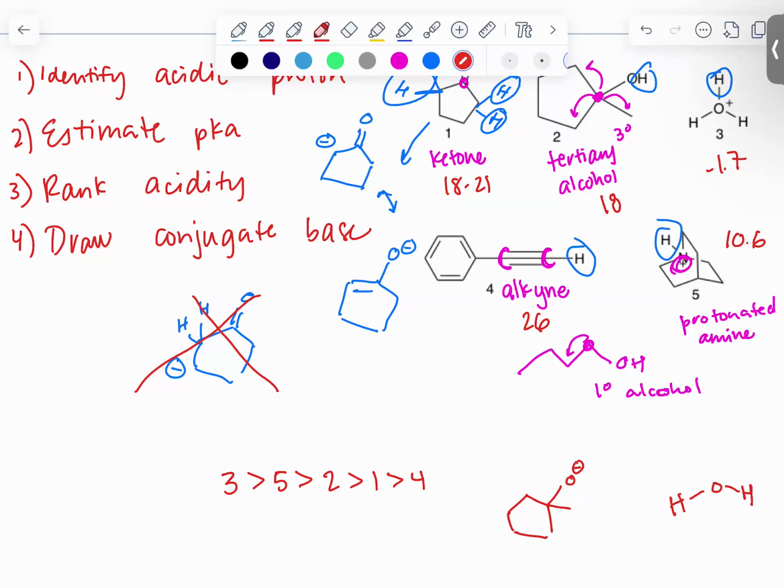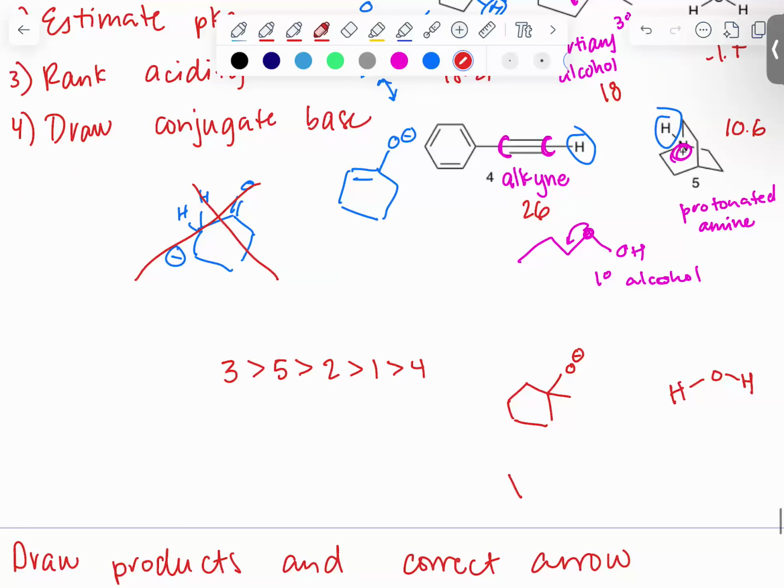We remove the proton, we put the electrons back on the oxygen. We remove the proton, the electrons end up on the carbon. We remove the proton, the electrons go back.